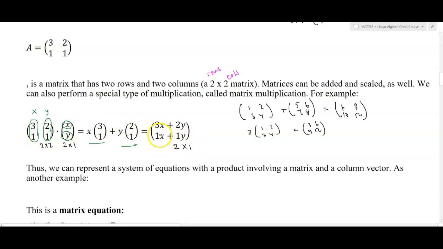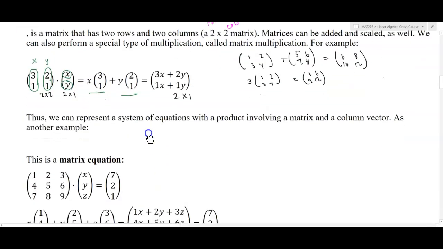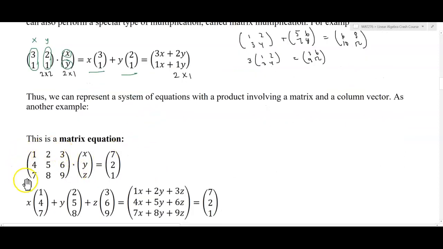So already this is giving us a way to represent a system of equations where we could have a matrix that has coefficients in it and then a vector that has the variables in it that maybe we're trying to solve for. As another example, here is a system of equations that is written as a matrix equation.